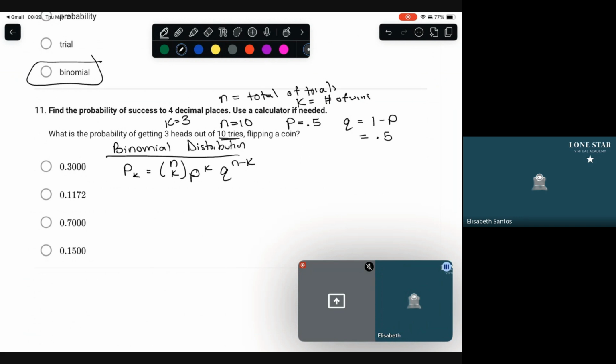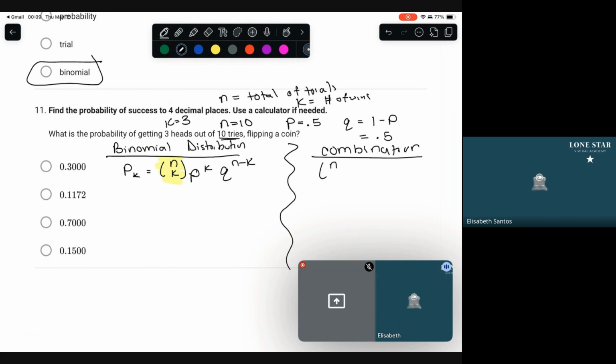Okay, so we have all those letters defined. There's one more thing we need to define, and that is this right here. That is a combination that we need to find first.